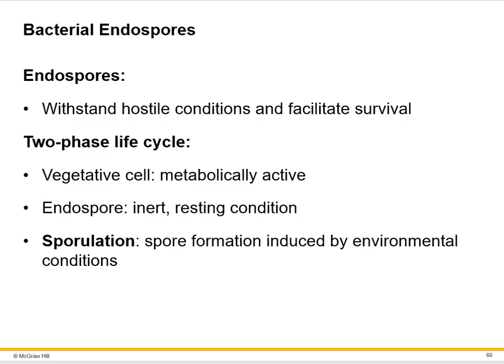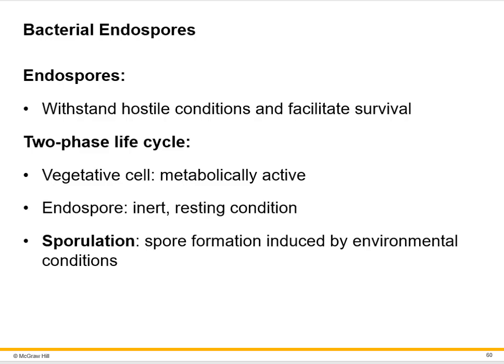But the cell forms one spore within the cell, and that spore is going to withstand the hostile conditions, and then when the conditions are better again, it germinates into one cell. So one cell makes one spore will make one cell.